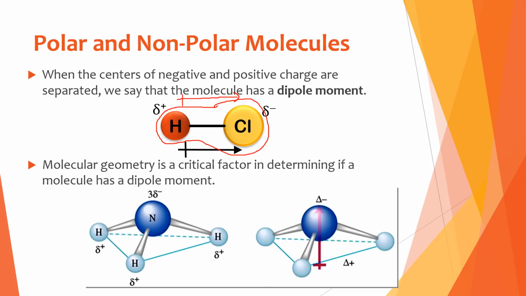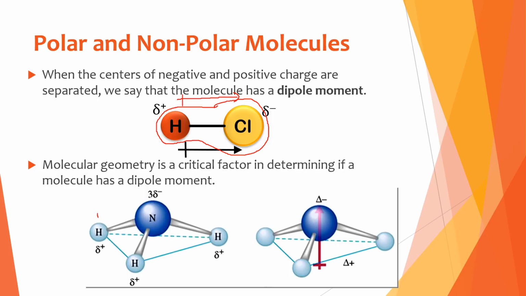Molecular geometry is also a critical factor in determining whether a molecule has a dipole moment or not. For example, NH3. For the polar bond between H and N, you know that N is more electronegative than H. So H will be partially positive and N will be partially negative.